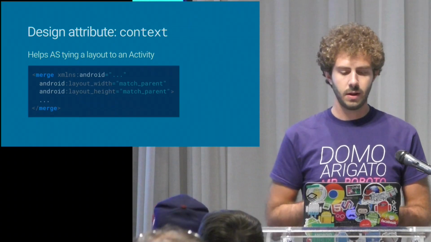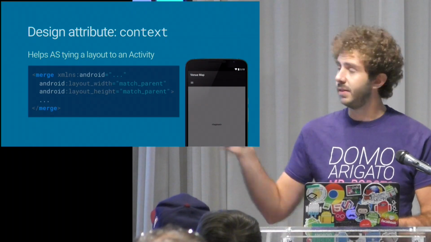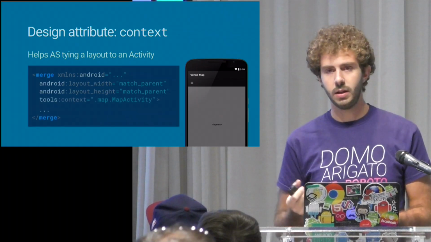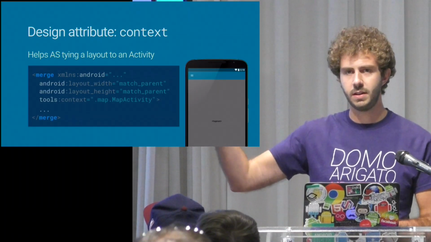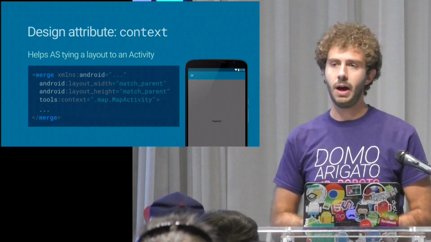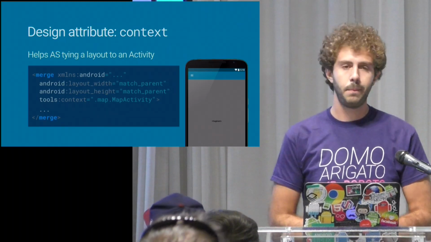So that way, instead of having the default theme, for example, in the preview, the IDE knows that this is actually going to be used in this activity that has this theme, so the preview can actually show you how it's going to look really.